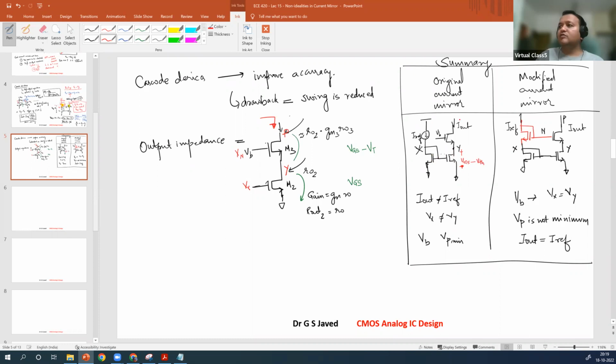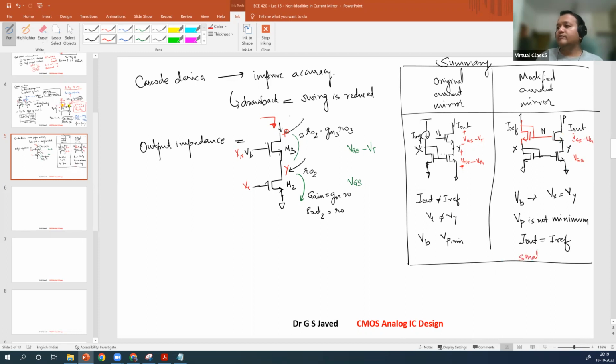Then you will have another VGS minus VTH drop. So you will have two drops here. Whereas in this circuit, you will only have VGS and here you will have VGS minus VTH.